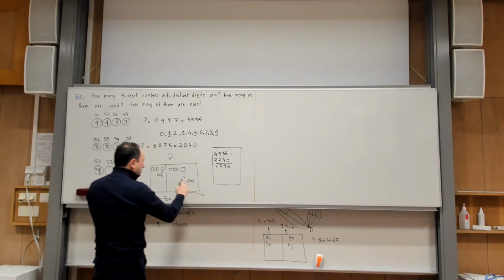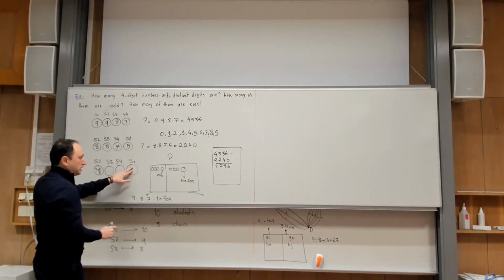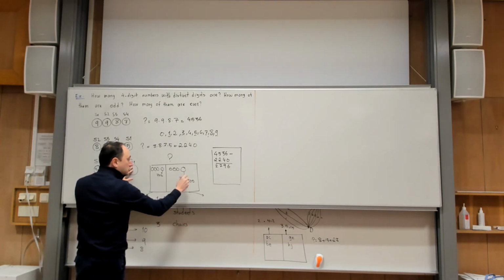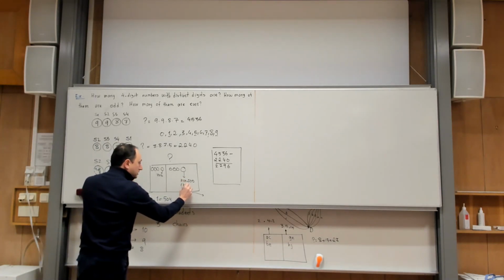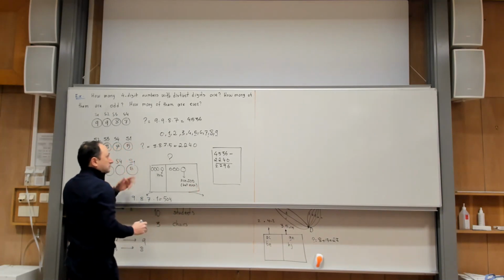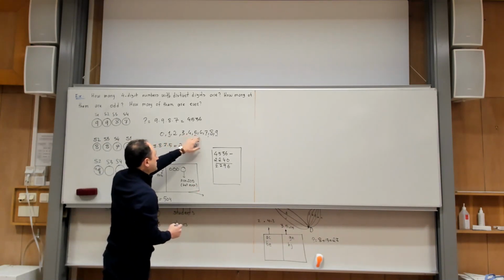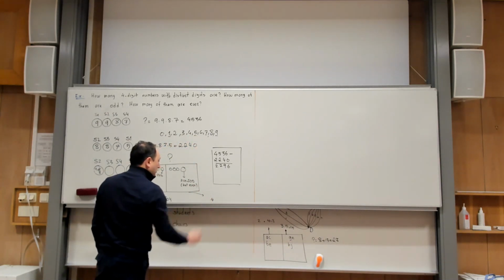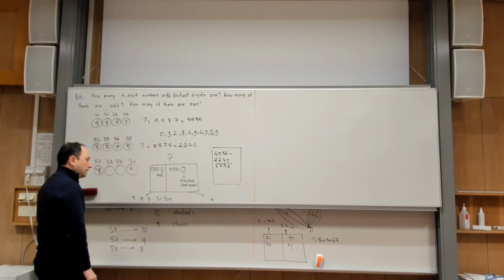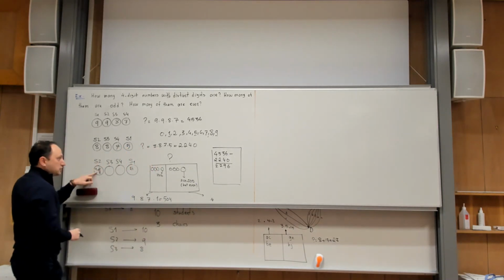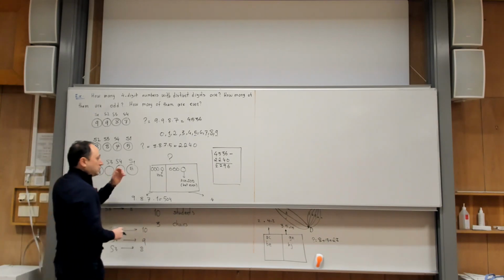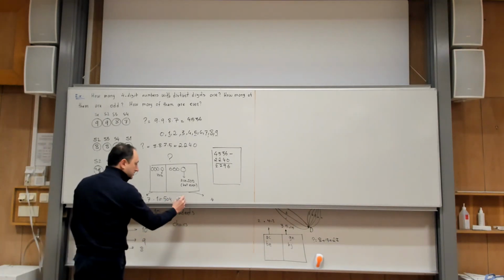So how many options are available for stage number 1? I want to choose a non-zero but even, of course. 4. Yes? 2, 4, 6, and 8. So I have 4 options available there. And then after that I jump to stage number 2. So how many options are available? 8.